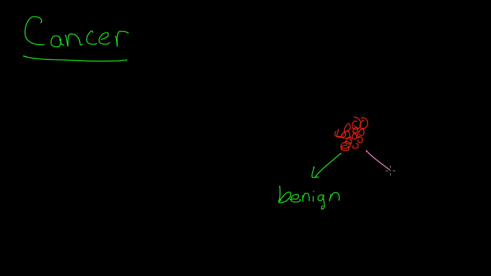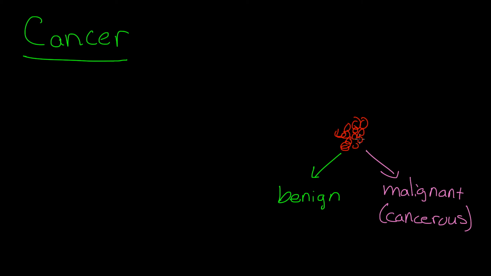Or you can also have what's called a malignant tumor, and those are the cancerous ones, so they're bad. Only malignant tumors are cancerous because they have invasive potential, which means that they can spread throughout the body and cause a lot of harm.